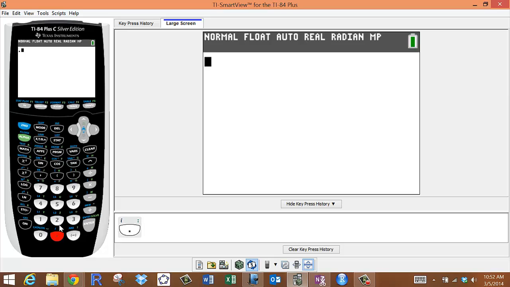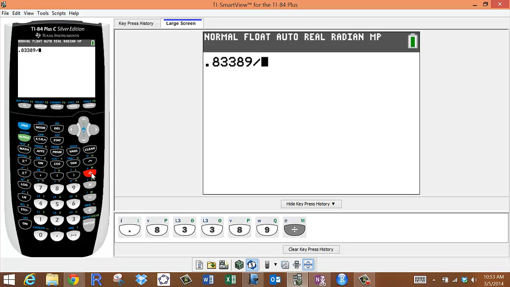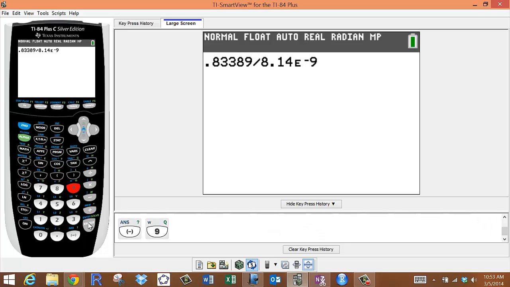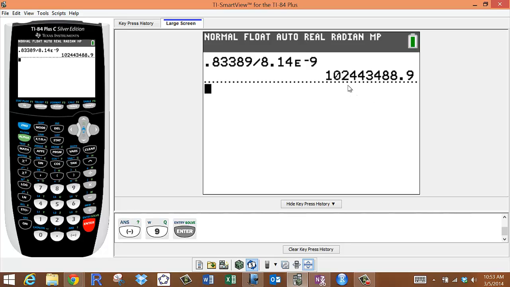So we're going to take 0.83389 and divide that by 8.14, and then the double E here, second comma, gives you the times 10 to the minus 9. And then we'll enter. Okay, now we get this number here, 102. To the nearest million, we've got a comma here and a comma here, is going to be 100.